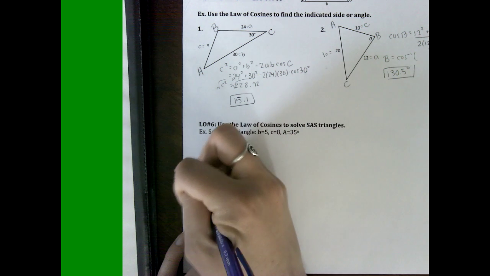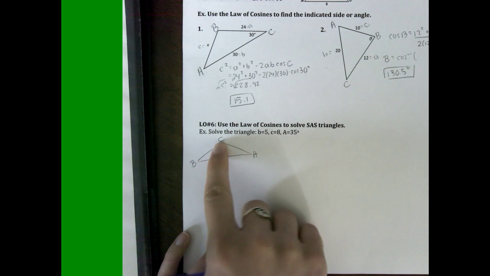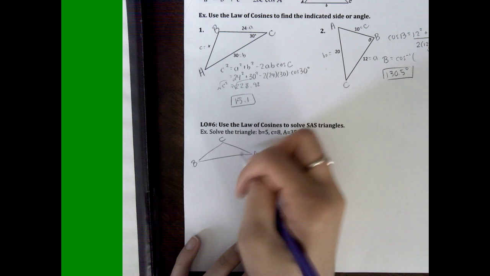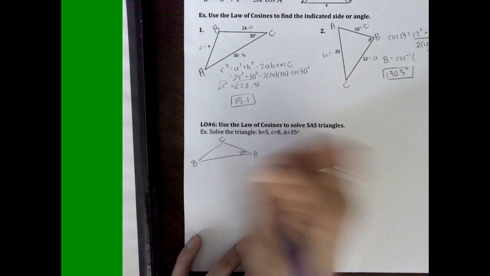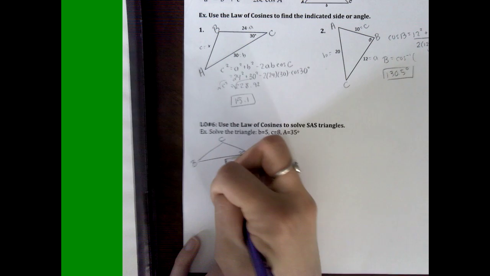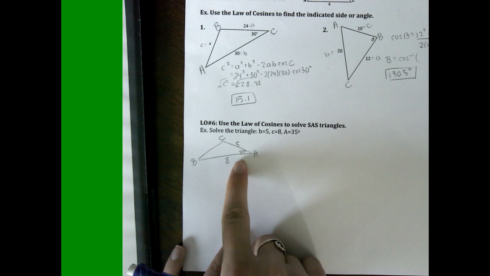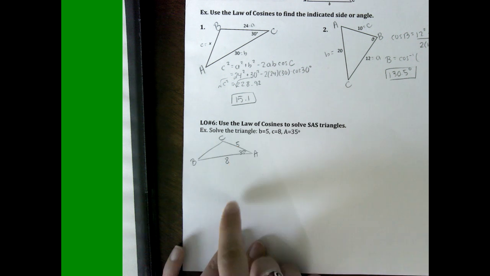I'm going to do A, B, C. I'm putting C here just because I can see that C is bigger than B. It doesn't matter. You do not have to draw these to scale. A is 35 degrees. Side C is 8. Side B is 5. So I'm in the situation side angle side, and I have to use law of cosines.